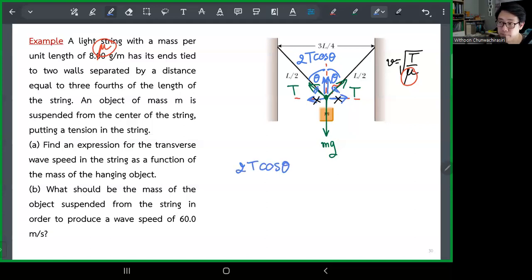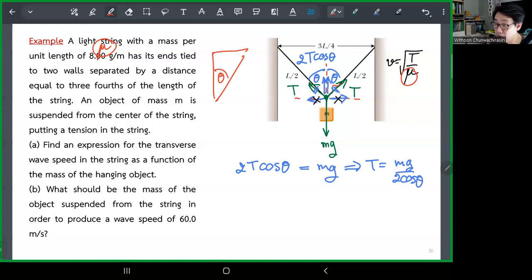Theta. This must be equal to the hanging mass, or the hanging weight, the mg. So that is it. Your tension can be found from mg over 2 cosine theta. And the cosine theta is very easy to evaluate because you know all of the dimensions of this right triangle is 3L, 3L over 8, right with me?